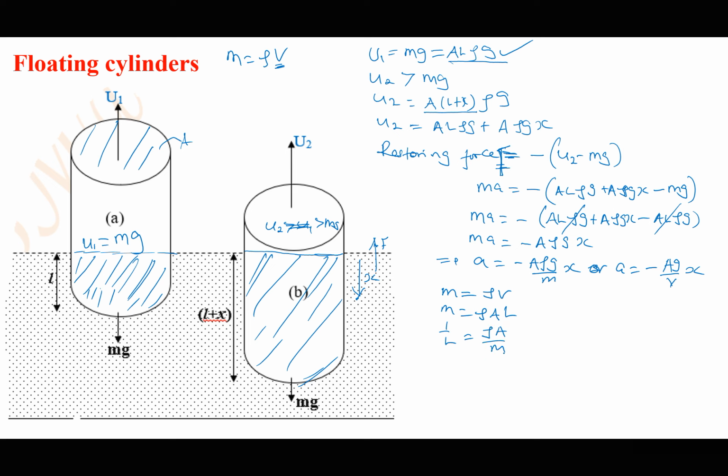So 1 over L is rho A divided by m. So I can also write the expression for acceleration: where there is rho A divided by m, I will put 1 over L. So this becomes negative g over L, then times x.